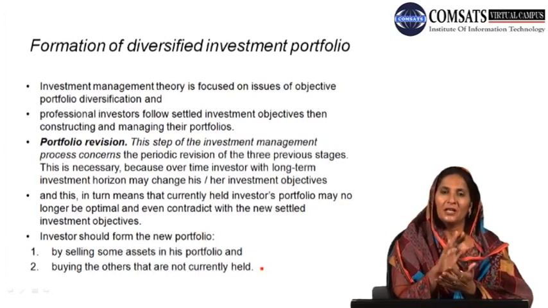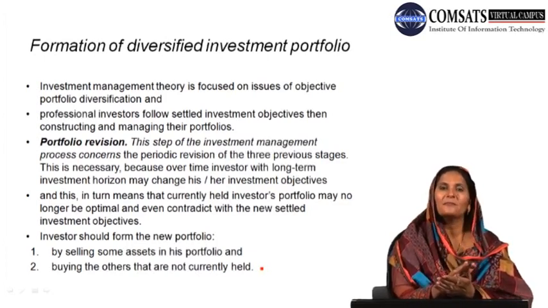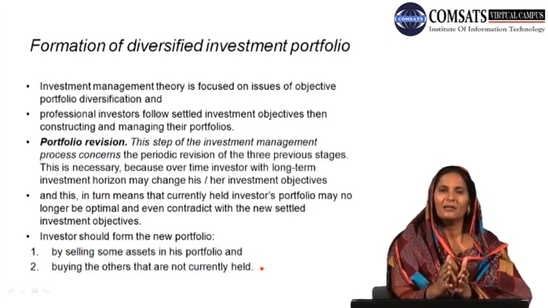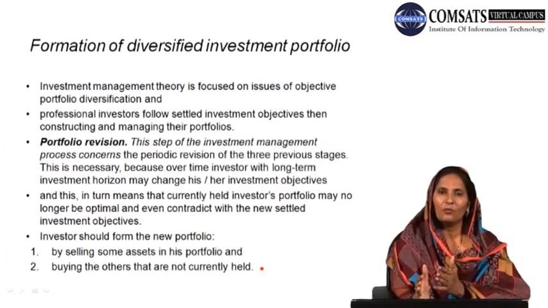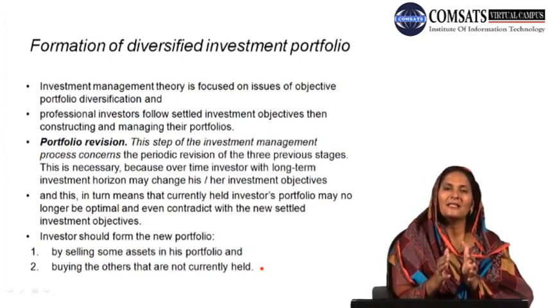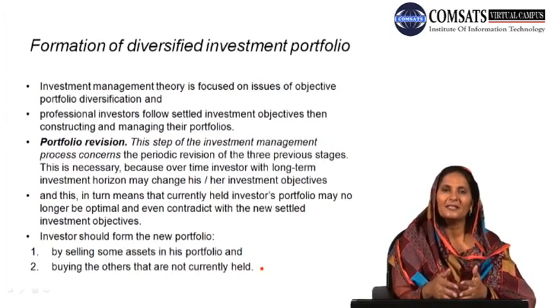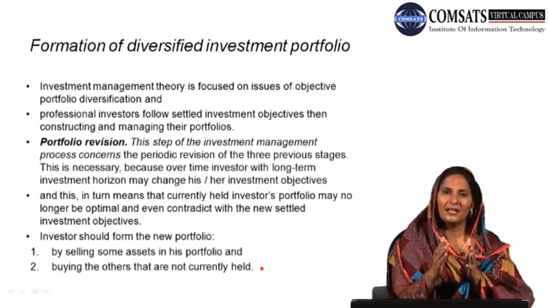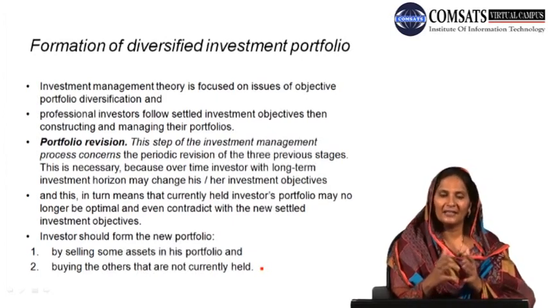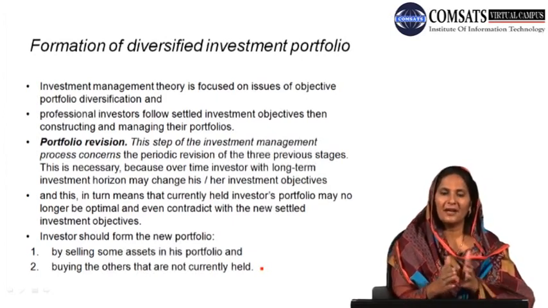What should be the types of items in our portfolio holdings, and what should be the quantity of each item which we are purchasing for our portfolio holdings, and why we should analyze the prices and fluctuation in the prices of those items. In other words, we should analyze the price behavior of those items that we are going to purchase for our portfolio holdings, rather than purchasing the items at random, कि हम randomly उनको select कर लें.